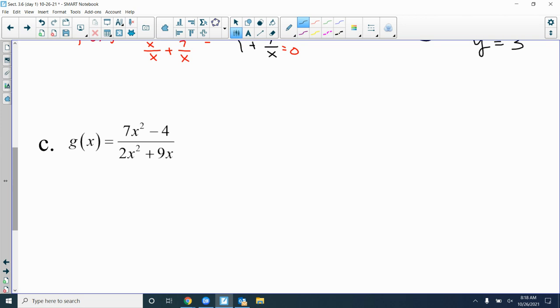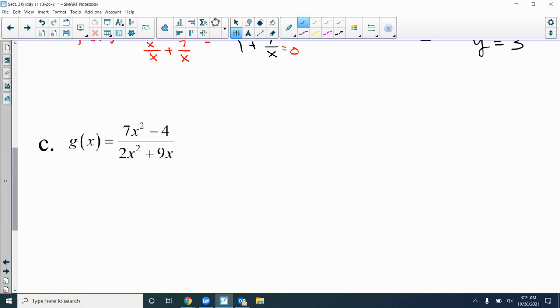Okay, g of x, 7x squared minus 4 over 2x squared plus 9x. Find the highest degree piece, second degree. Divide everything by that. Okay, divide each little term by that.